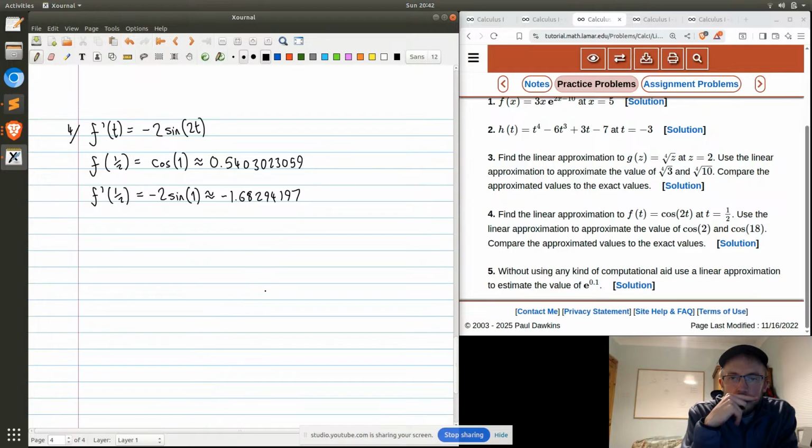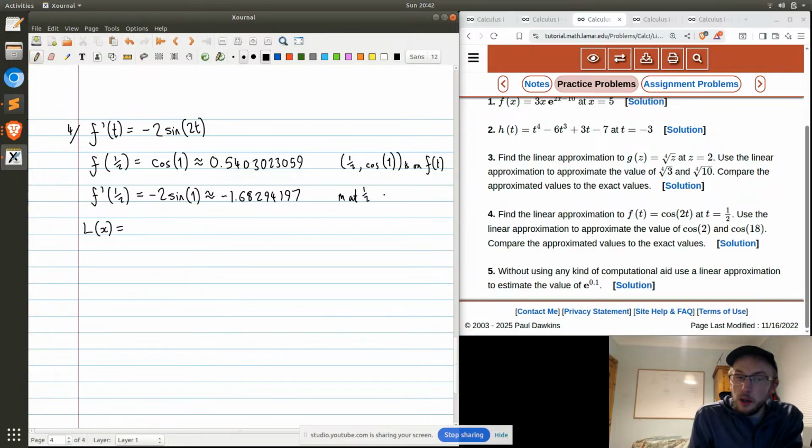Okay, so what's the linear approximation then? It should be, let's think. So a half comma cosine of 1 lies on f of t, right? And the gradient at a half, as far as we know, is minus 2 times sine of 1, is it not?